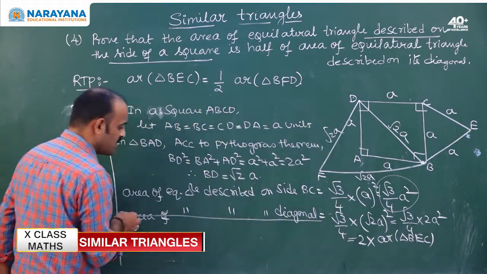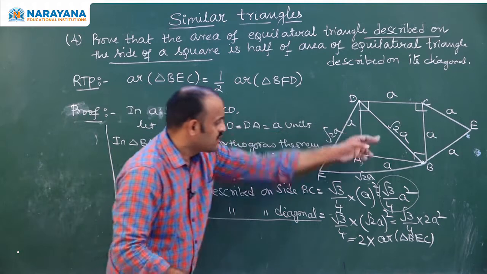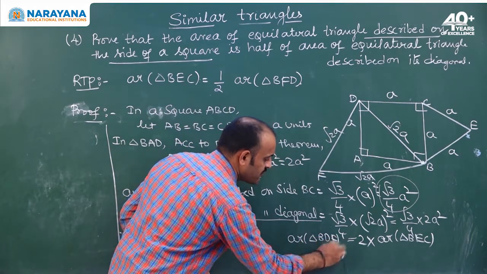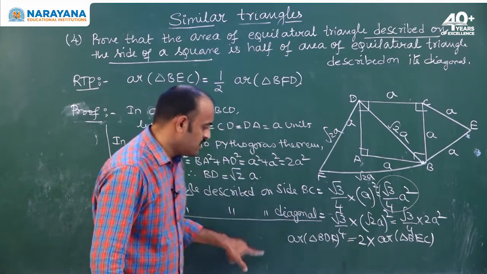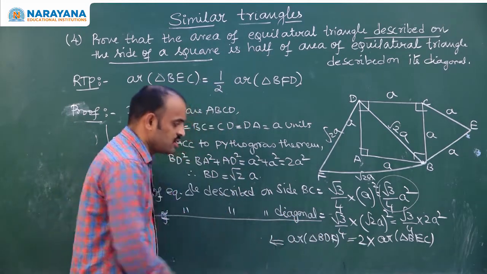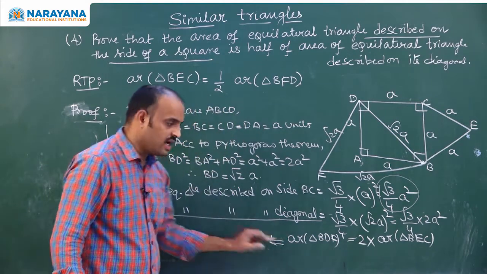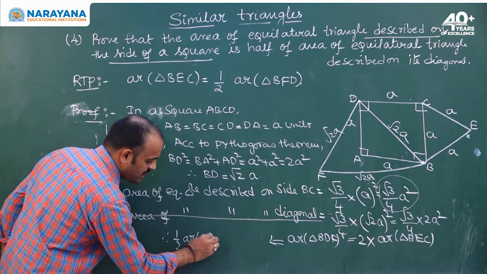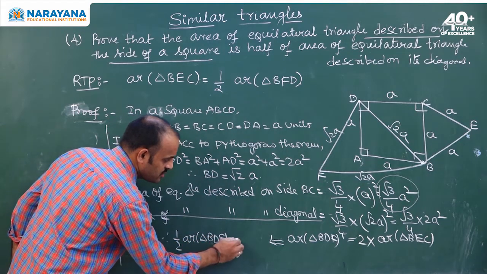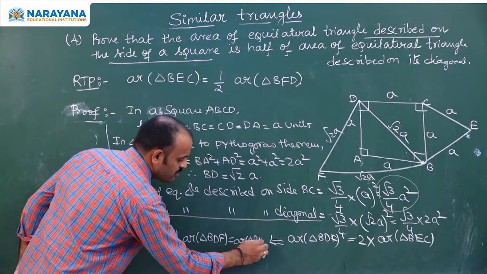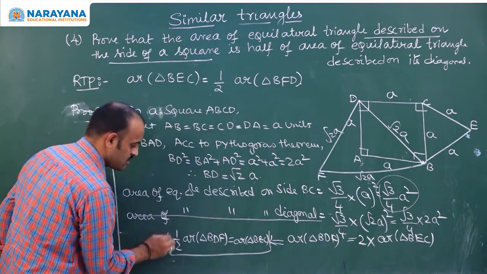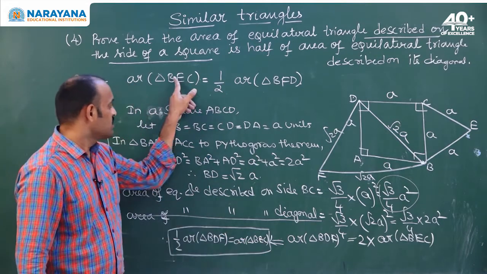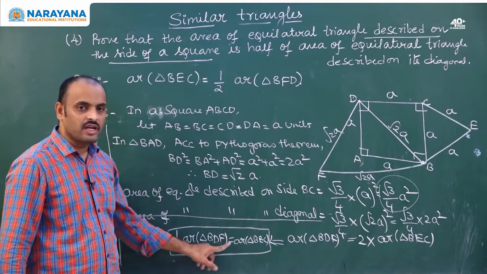What is the area of the triangle described on the diagonal BD? Area of triangle BDF. If I get the 2 to this side, it will become half. Therefore, half of area of triangle BDF is equal to area of triangle BEC. That is what we need to prove. Area of triangle BEC is equal to half of area of triangle BDF.